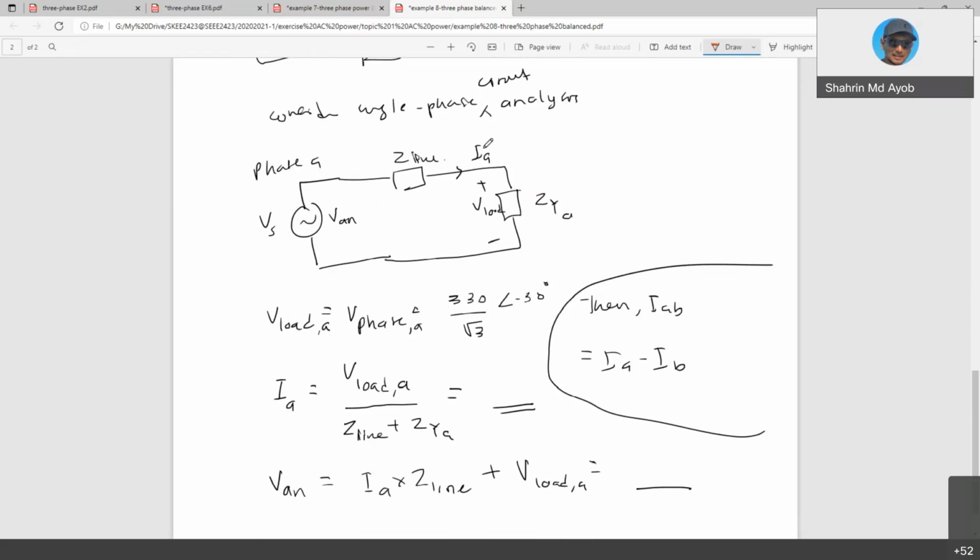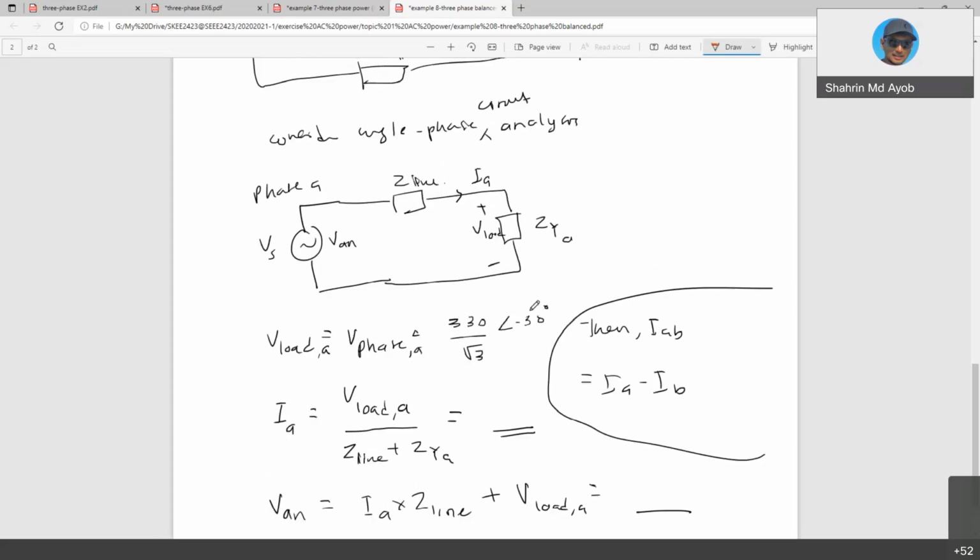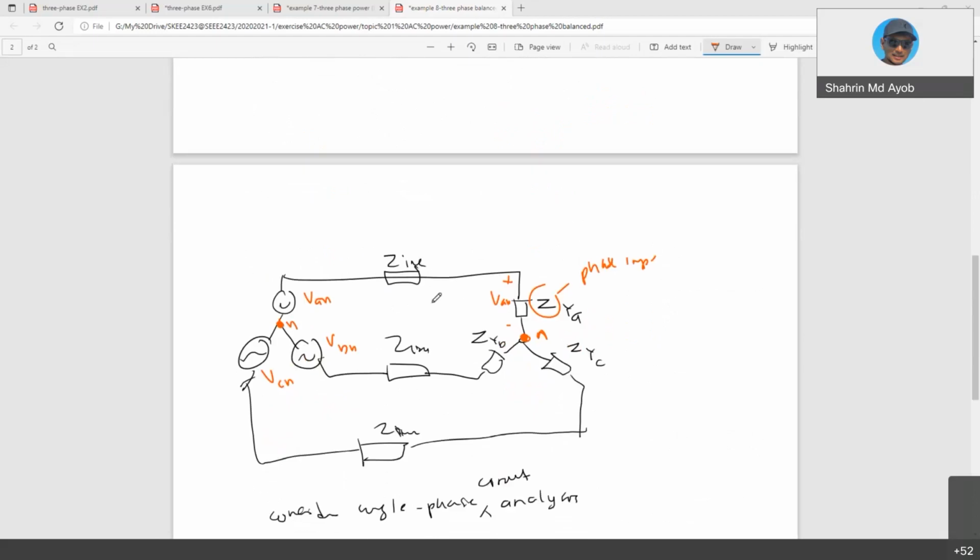So this is the IA here, and the V is a phase value, phase voltage, and also phase current. I hope I explained why. So Z line is the impedance of the transmission line.